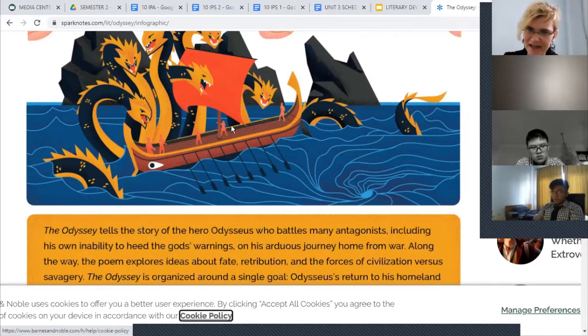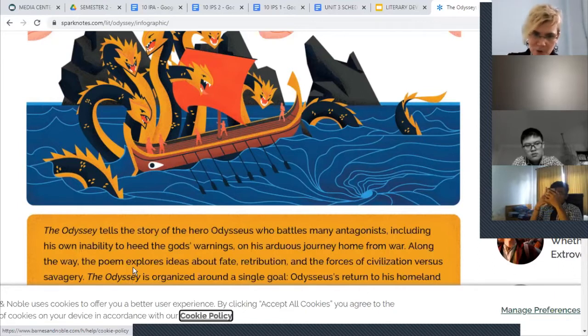All his friends died, only he survived, and he is on an island, and by the gods, he's kept there. So he has no way of turning back home. So Odysseus fights the battles against antagonists, including his own inability to listen to the gods' warnings. He doesn't listen.